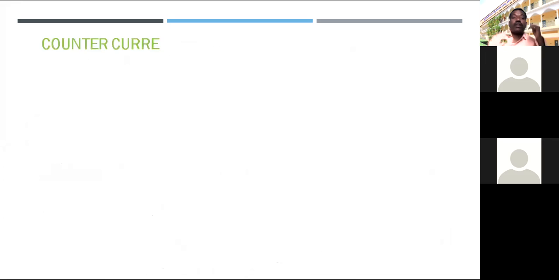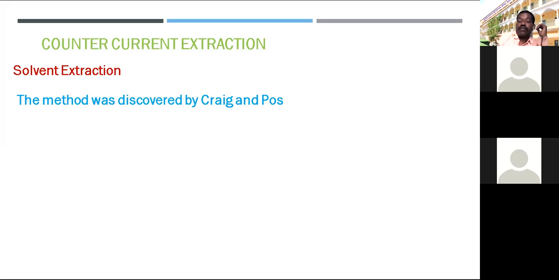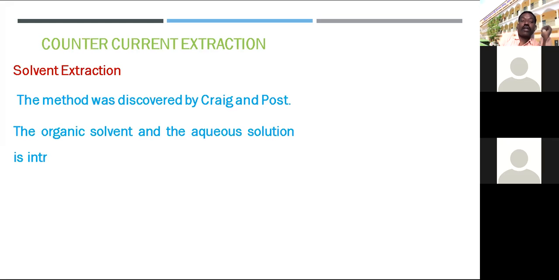The next one is counter current extraction. The third method is counter current solvent extraction. This method was described by Craig and Post. The organic solvent and the aqueous solution are introduced into the apparatus.